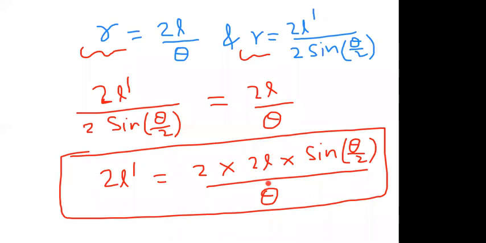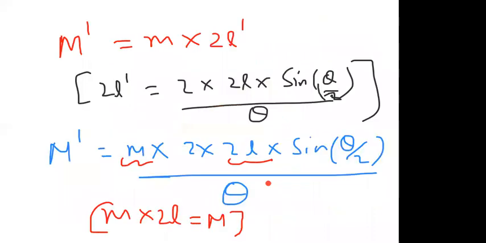As we know the relation between those two, we took M dash is equal to m into 2L dash. The 2L dash formula we just derived, I am substituting here. Again I have small m into 2L, which is nothing but the magnetic moment of the straight magnet.